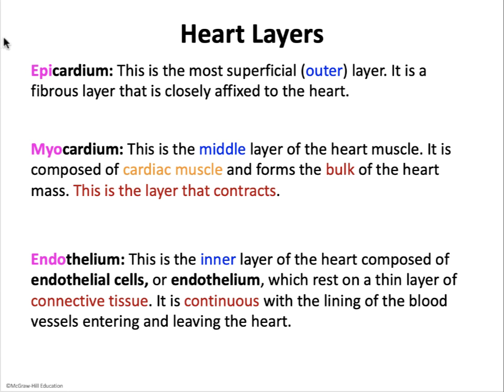Outside this layer is something called the pericardium, which is separated from the epicardium by a very thin layer of fluid. But that's very important because the epicardium and the pericardium are then separated by a cushion that allows the epicardium and the rest of the heart to function, and is lubricated by that fluid.